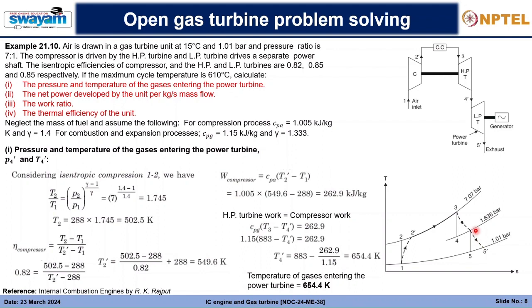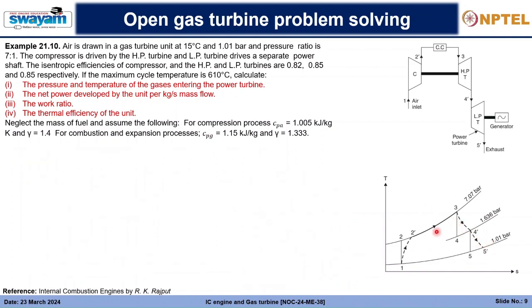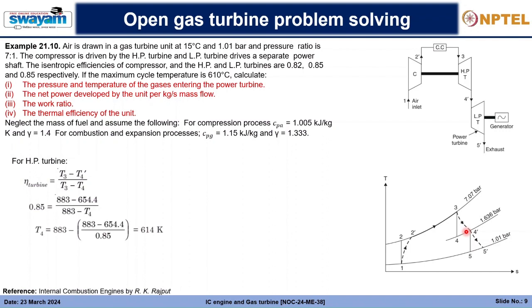The temperature we have got is 654.4 Kelvin. We now need to calculate the pressure, so we'll utilize the isentropic efficiency of the turbine. Here we know T3 and T4 dash, we do not know T4, so we'll solve for T4 and we will get T4 equal to 614 Kelvin.